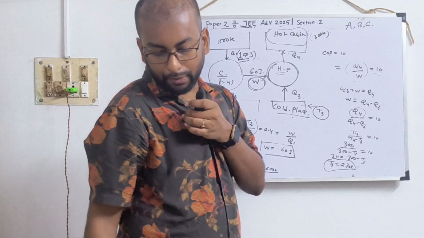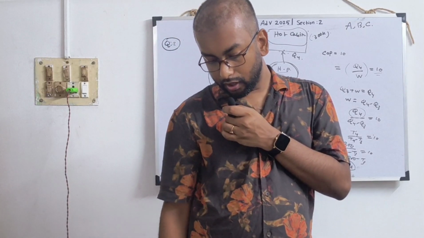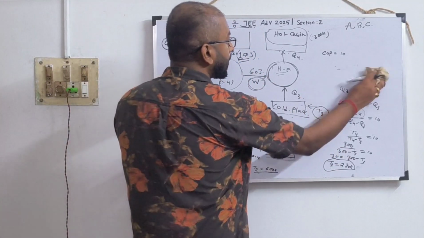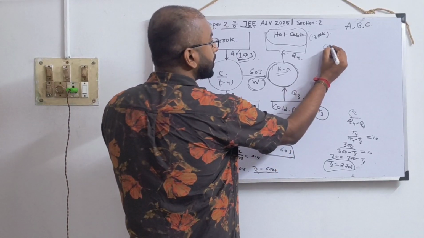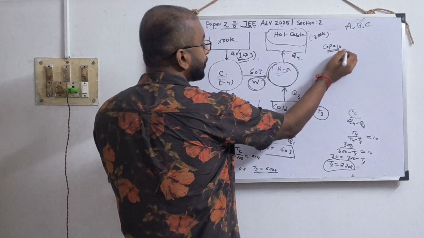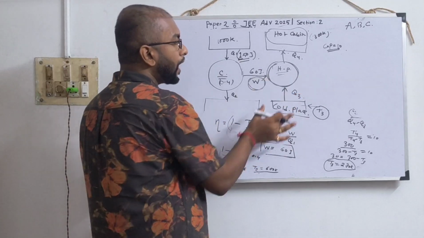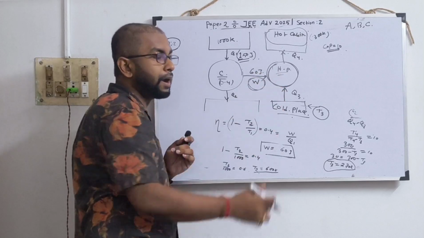Now we'll examine option number D. Option D: heat supplied to the hot reservoir of the heat pump in one cycle is 540 joule. That we can directly find out from COP, and COP is given as 10. And what is the COP I told? COP is expected outcome by the energy input. What is the expected outcome of a heat pump?